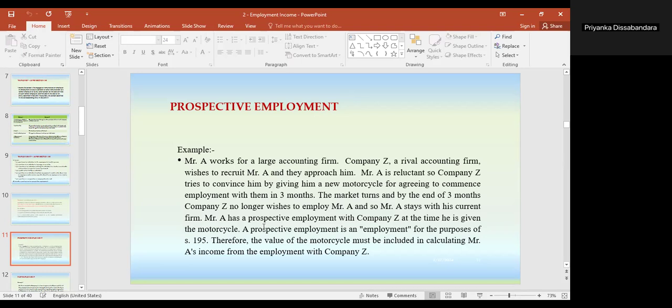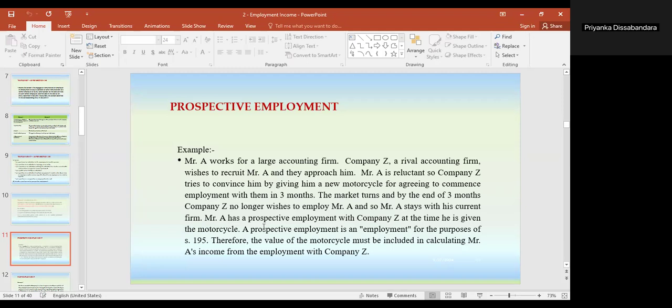So, Mr. A has a prospective employment with company Z. This is a future employment, not the present employment or a past employment. At that time, they have given a motorcycle.